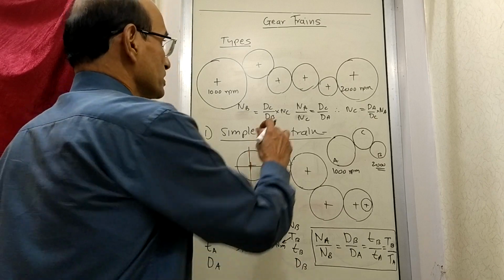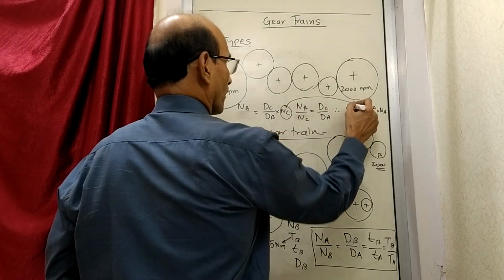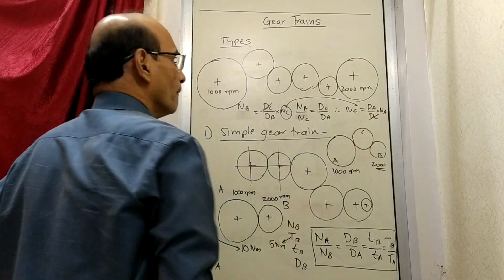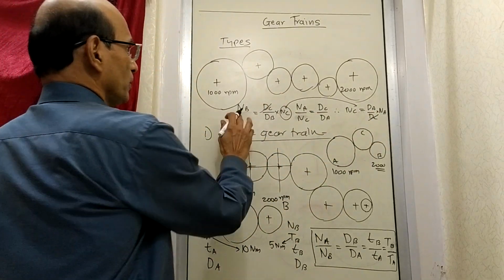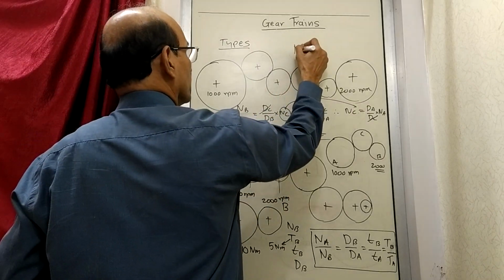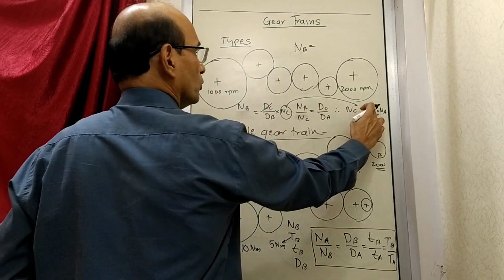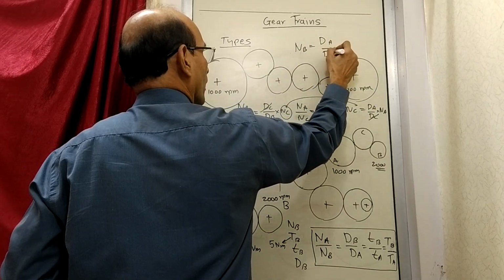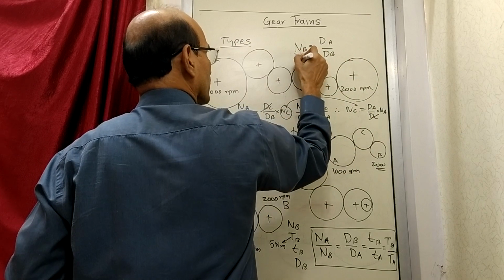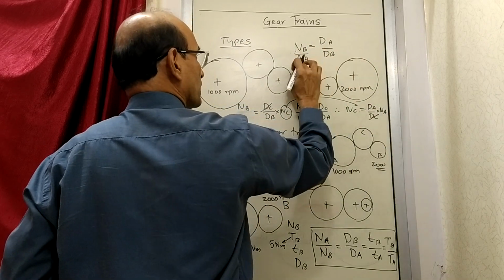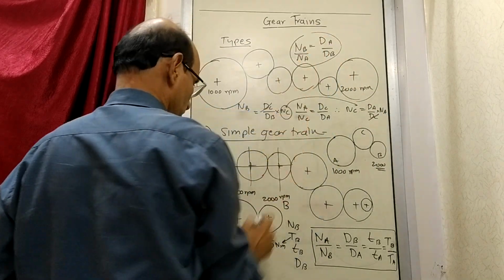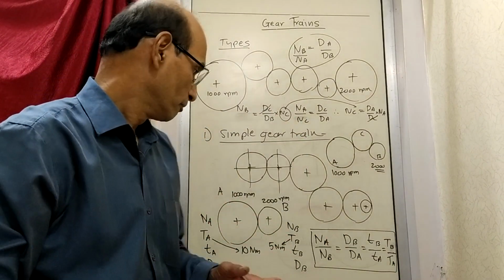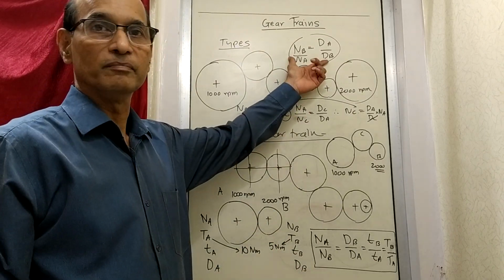So if I replace this NC by this, you will find that dC and dC will cancel. And what will happen? NB is equal to dA upon dB into NA. That NA which is here, I'll write here. So this equation is the same as what is applicable when it was like this. When it was like this, the equation was the same.